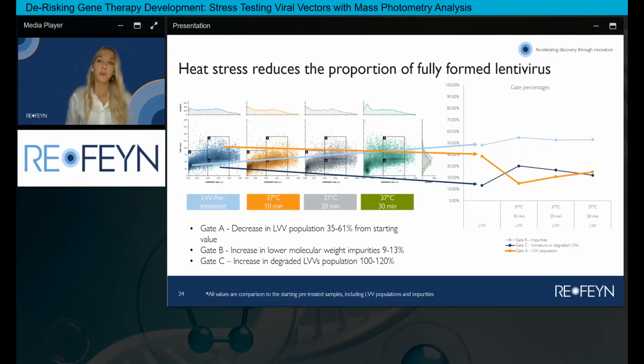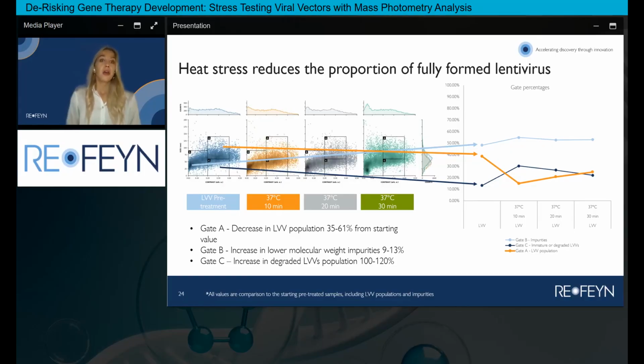When you're looking into gate A and the corresponding line on this chart, we see that there is a decrease in lentiviral vector population from 35 to 61% from the starting value. But there is also an increase in low molecular weight impurities from 9 to 13%, and there is a clear degradation happening that is almost 120% higher.